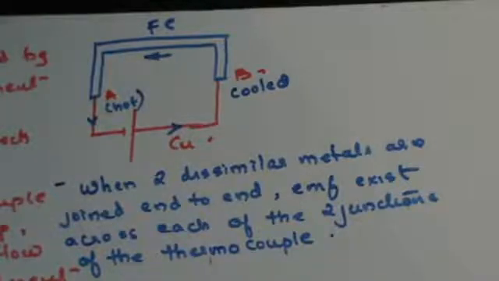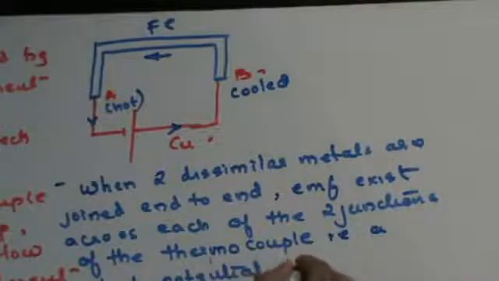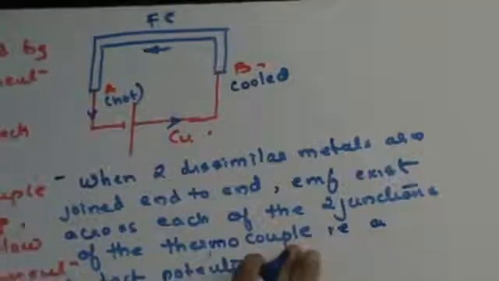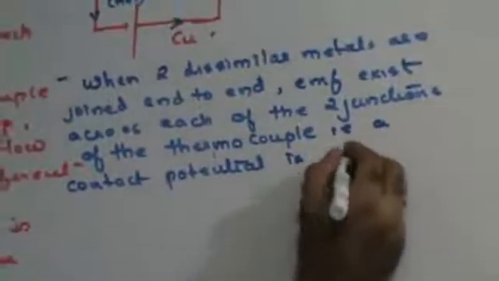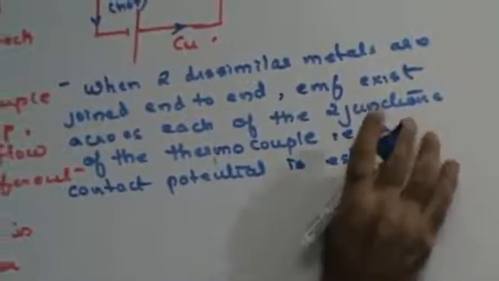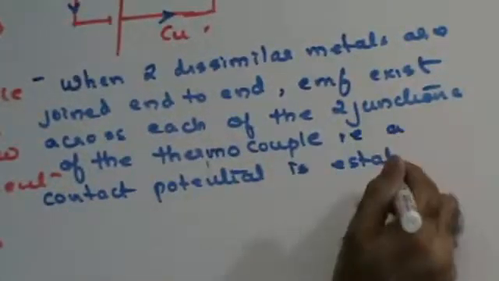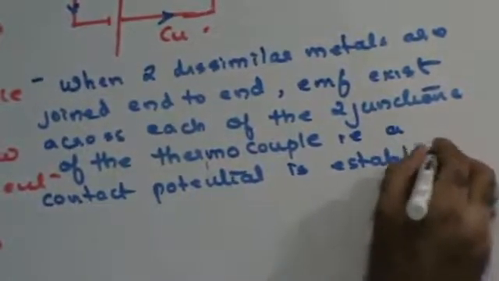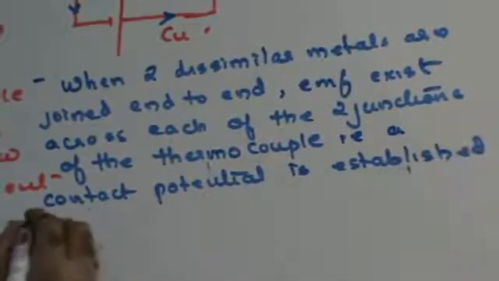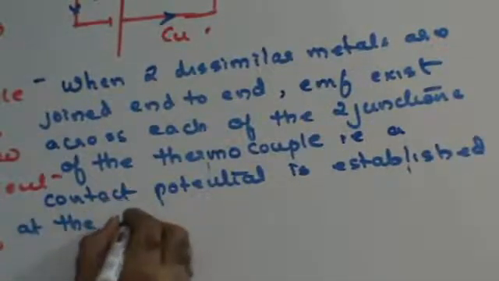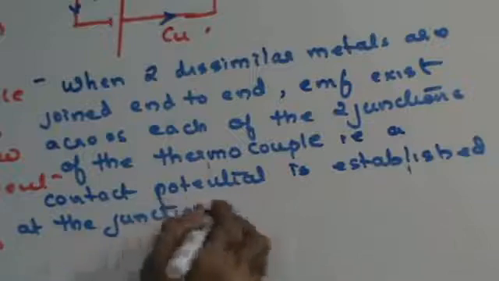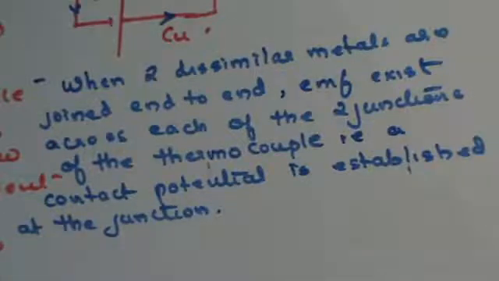So you would have a contact potential that is established at the junctions.